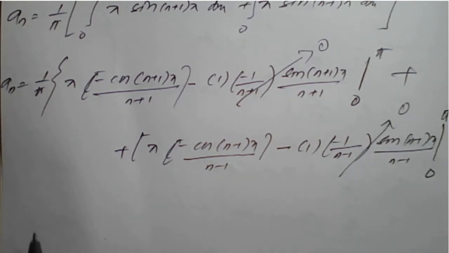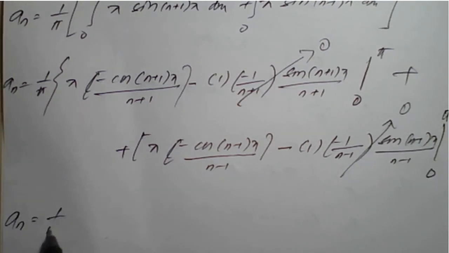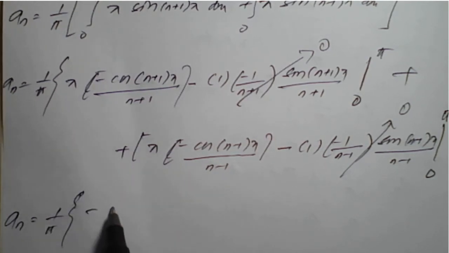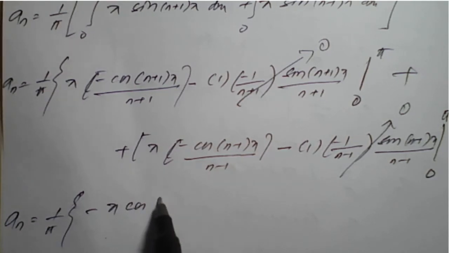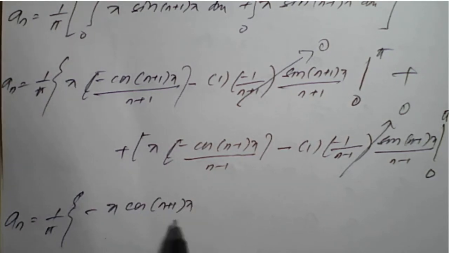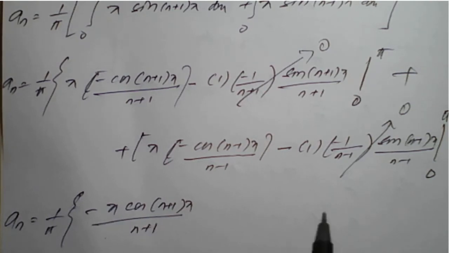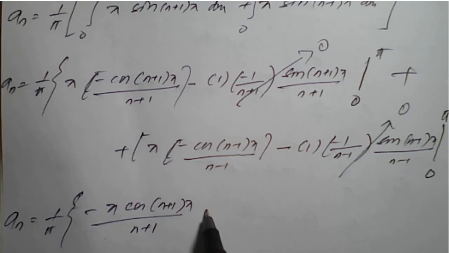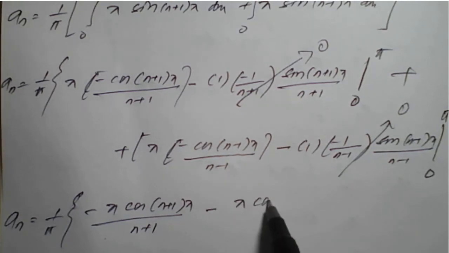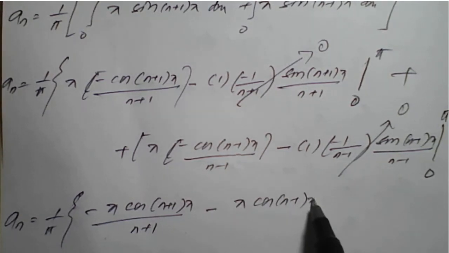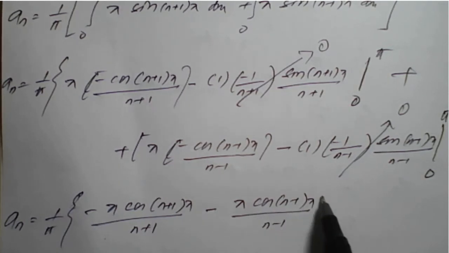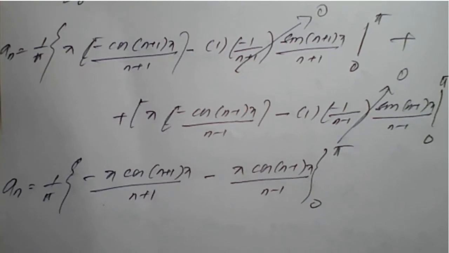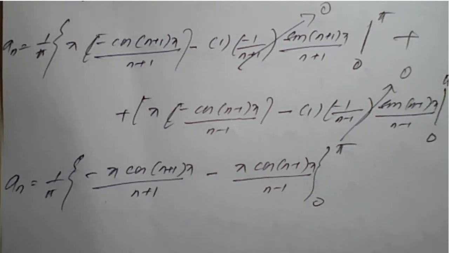So the left part is a_n is equal to 1 upon pi, minus x into cos of (n plus 1) x divided by n plus 1, second vanishes, plus into minus is minus x into cos of (n minus 1) x divided by n minus 1 with the limit 0 to pi. So we'll apply upper and lower limits here and see the result.